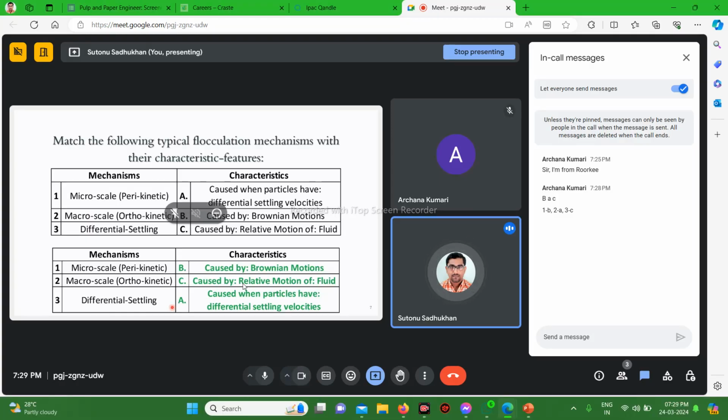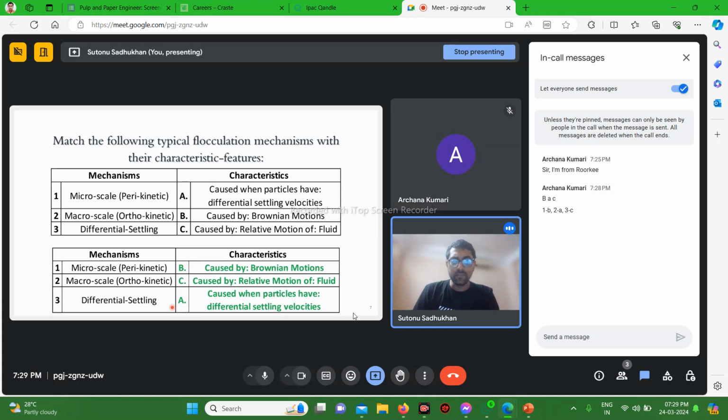So this is just the definition. The basic principle of the differential settling is that it is caused by the difference in the settling velocities of different particles. So I think you should have answered this one, because you just have to identify the Brownian motion. Then the other one was obvious, right?